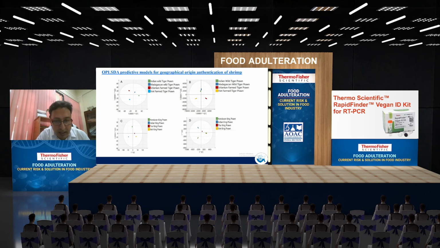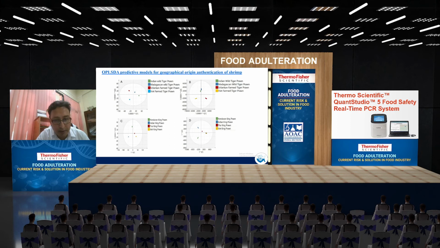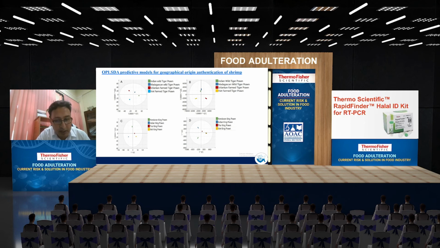And similarly, in the case of king prawn, we could also differentiate the geographical origin. So this is the beauty of metabolomics data. The same data can be explored for different biological questions. First, we explored the data for authentication of species, and afterwards, the same data we explored for authentication of geographical origin. Can I have the next slide?